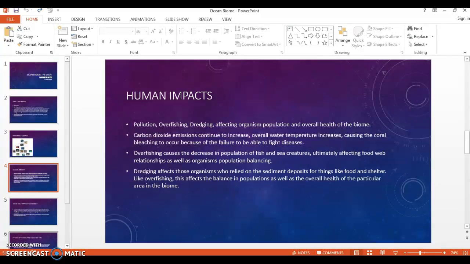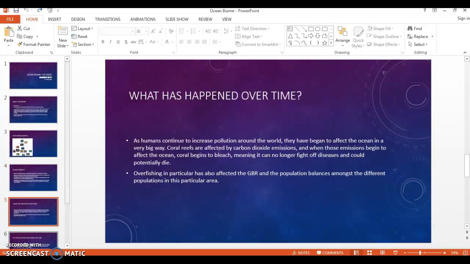And overfishing is obviously decreasing the population of fish and sea creatures, which is ultimately affecting how the food web works and how predator-prey relationships work throughout the biome. And then dredging affects those organisms that rely on these sediment deposits for things like food and shelter. So, like overfishing, it's affecting the balance of populations as well as the overall health of the particular areas.